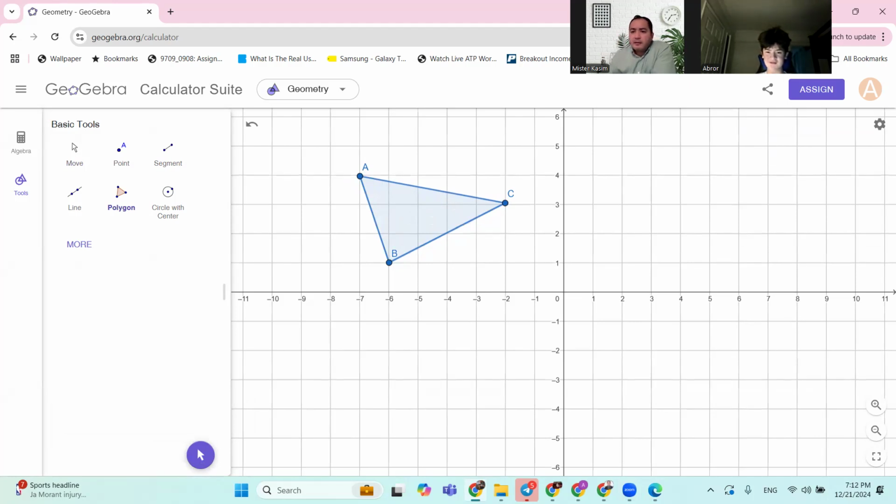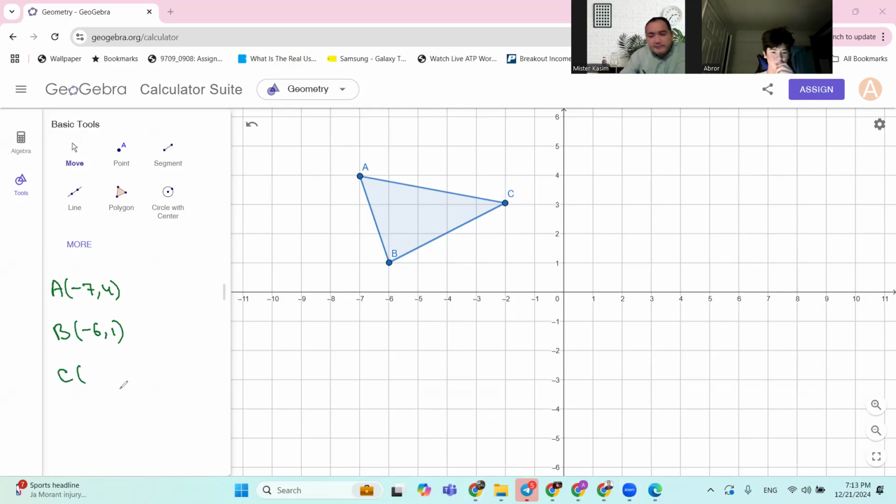That's negative 7, 4. And the coordinates of B? Negative 6, 1. And the coordinates of C? Negative 2, 3.